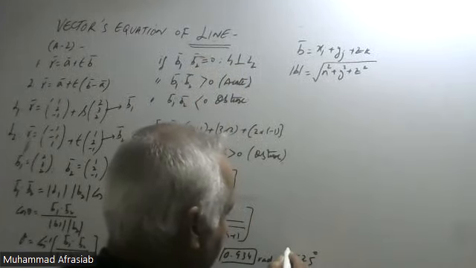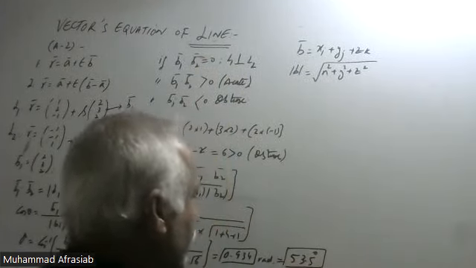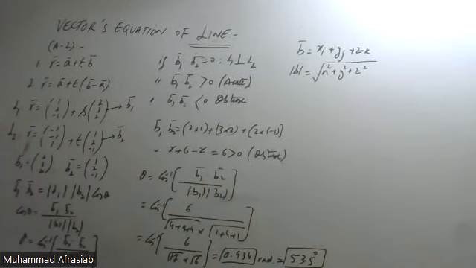So this is the angle in terms of degrees between the two lines. Remember, the sign of B1 dot B2 tells us whether the angle between the two lines is acute or obtuse.